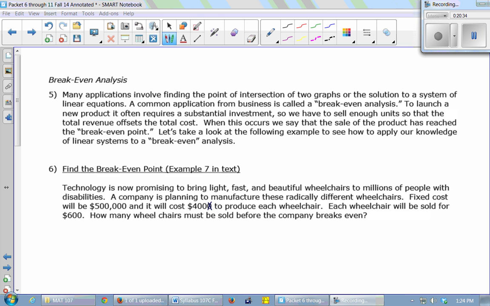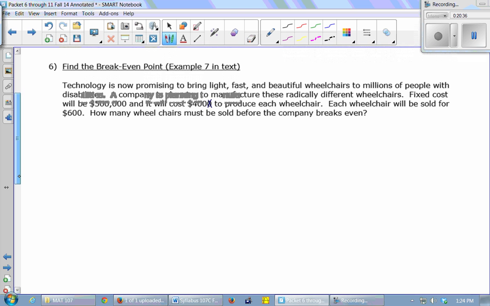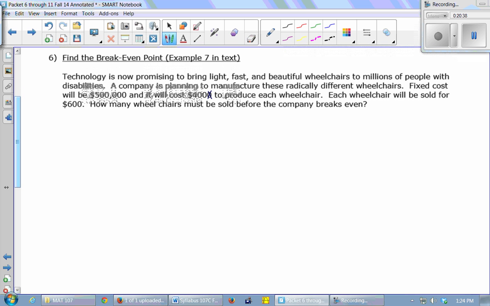So we're going to take a look at an example here. Technology is now promising to bring light, fast, and beautiful wheelchairs to millions of people with disabilities. A company is planning to manufacture these wheelchairs, and fixed cost is about $500,000 to get this company up and running, right?